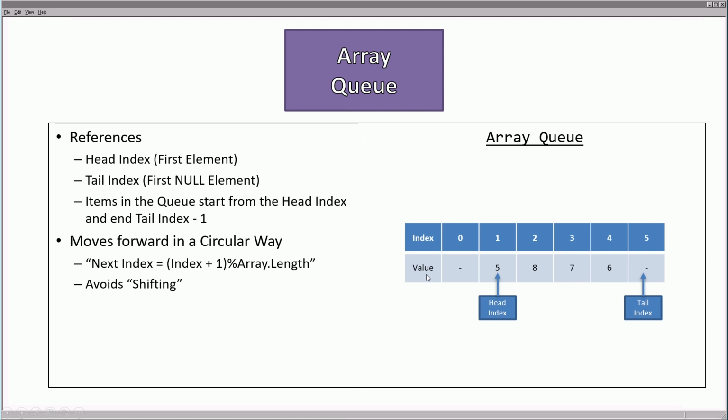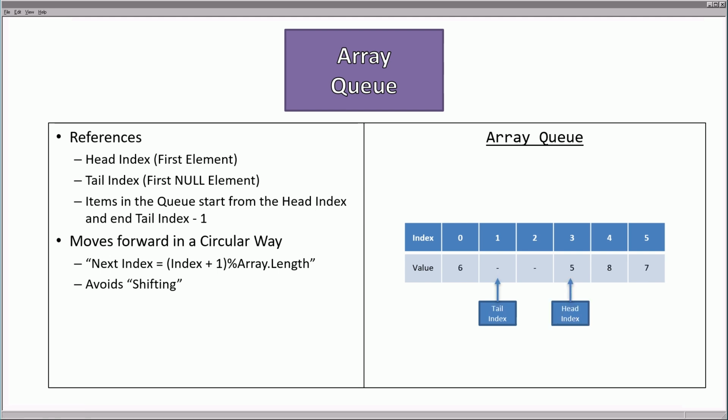If I'm going to remove this element, then I need to shift everything over by 1. If we have a large queue, like over 1,000 or 1,000,000 elements, and we remove the first item, if we were to shift, then we would have to shift over 999 elements to make that work. However, if we just advance the head and the tail, well, this is just one operation, and this is more efficient.